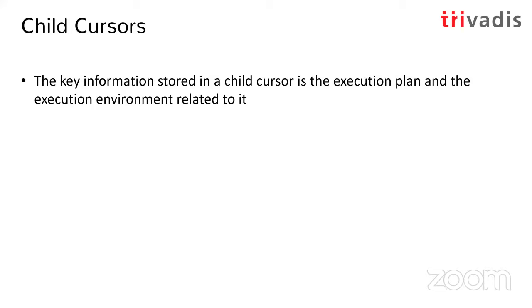The execution environment is critical, not only the execution plan, because, for example, if you have 2 clients, one connected with some NLS parameters which are different from the other one, the execution environments are not compatible, and you might not be able to use the same execution plan for both of them. So it's critical that the execution environment is exactly the same when sharing a child cursor.